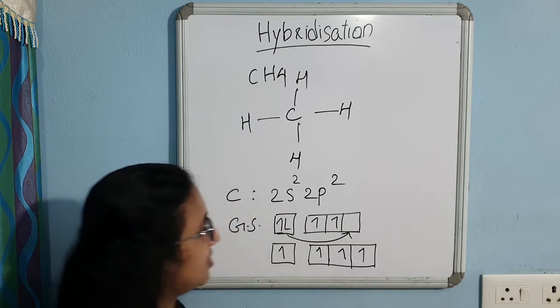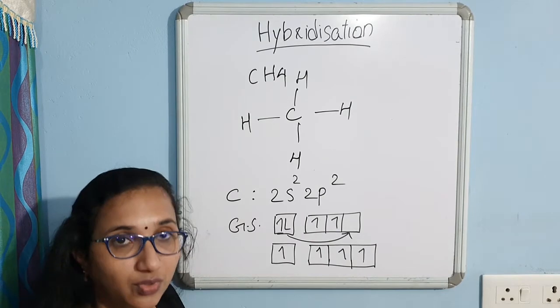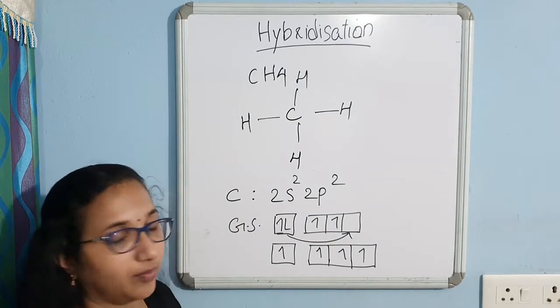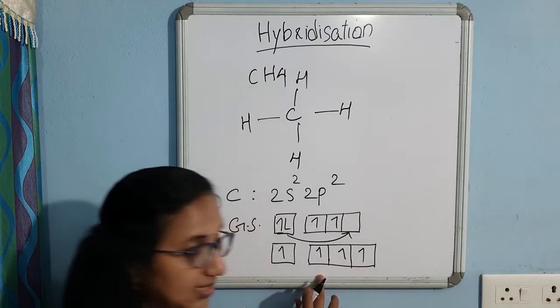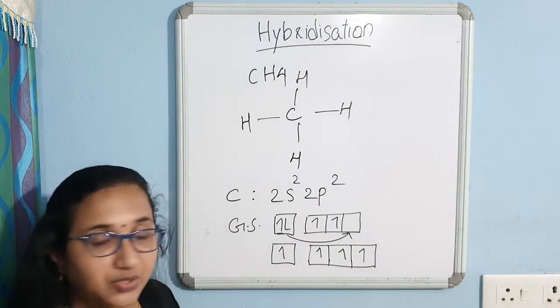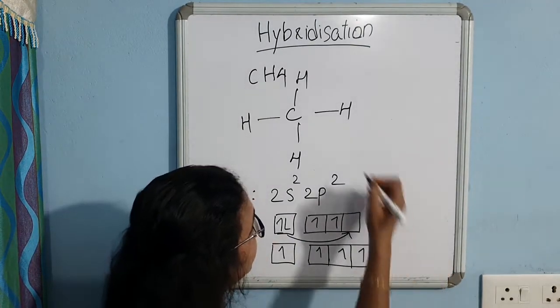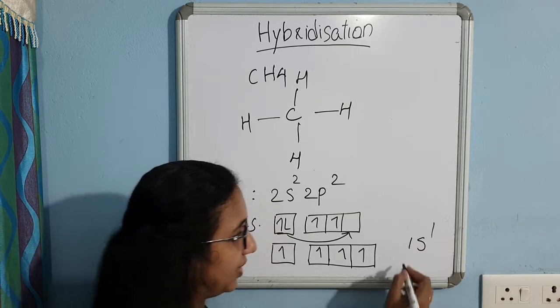So this is the first step. Now the carbon has got 4 half-filled atomic orbitals, and in this case it cannot directly combine with 4 hydrogen atoms, because each hydrogen atom has a configuration of 1s1.